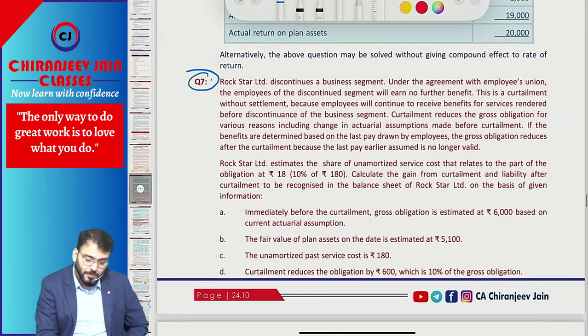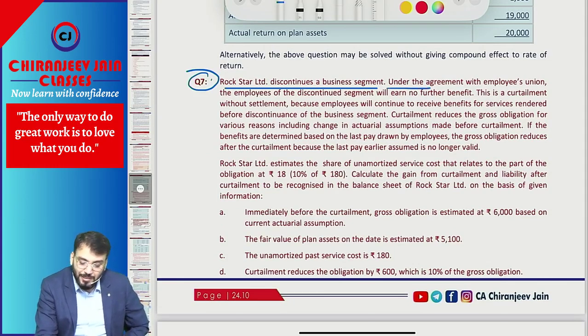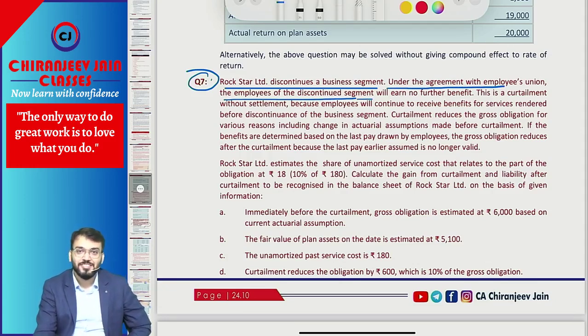Question 7. Rockstar Limited discontinues a business segment. So when you read, you will think it is a question of segment reporting. Under the agreement with employees, now AS 15 will come. The employees of the discontinued segment, now you will go to AS 24. Understood? This type of question is dangerous till you read the entire question.